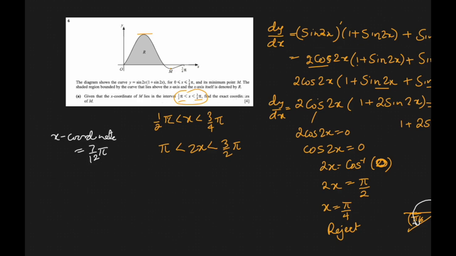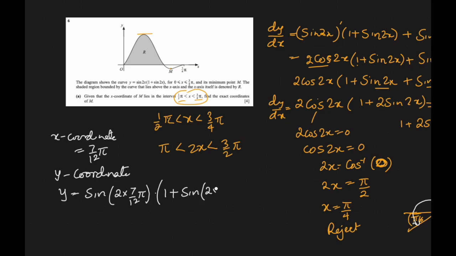Now they said coordinates, that means the y coordinate is also to be found. How can we find it? Just substitute it in the main equation. y is equal to sin 2 times x, where x is 7 over 12 pi, multiplied by 1 plus sin 2 times 7 over 12 pi.